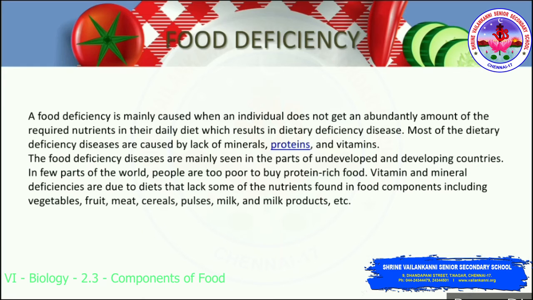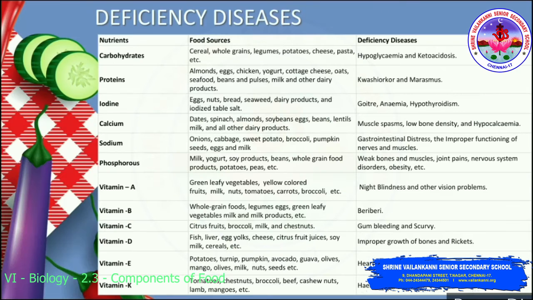Food deficiency diseases are mainly seen in parts of undeveloped and developing countries. In a few parts of the world, people are too poor to buy protein-rich food. Vitamin and mineral deficiencies are due to diets that lack some of the nutrients found in food components, including vegetables, fruits, meat, cereals, pulses, milk and milk products.